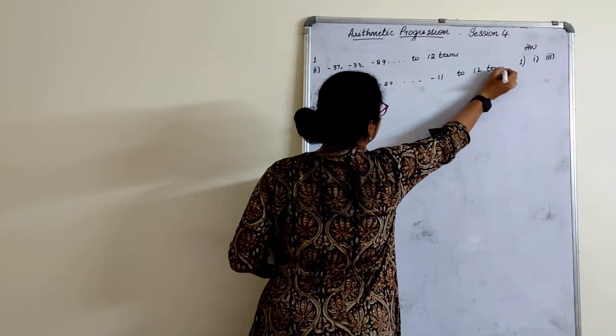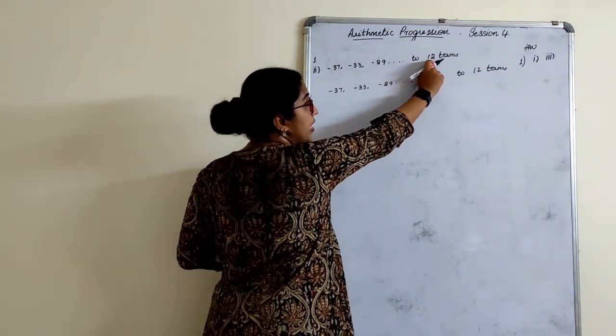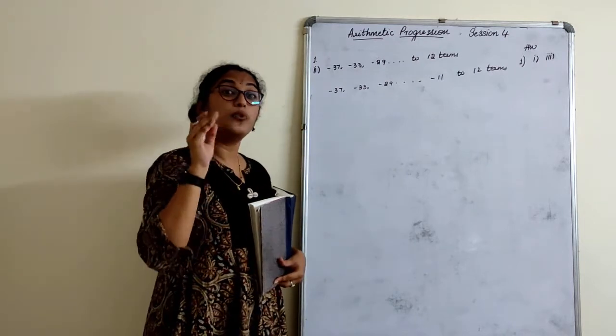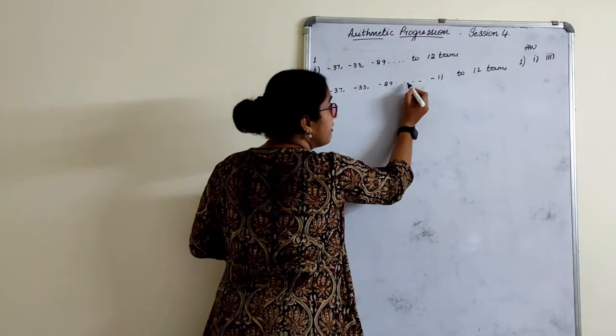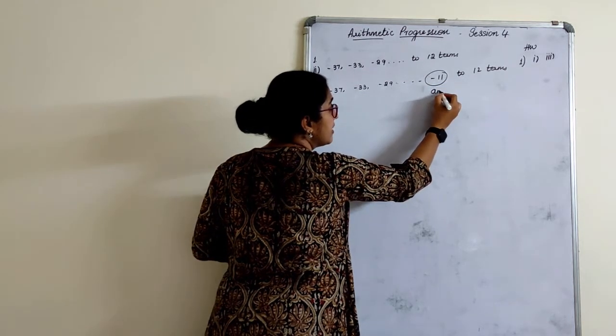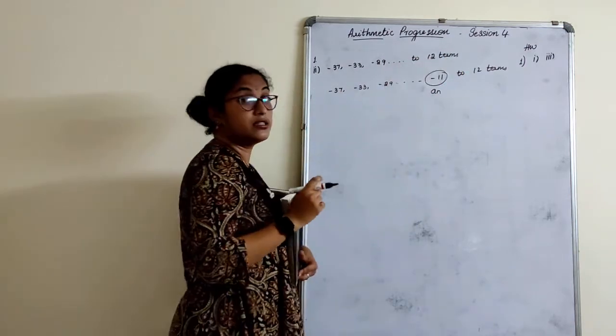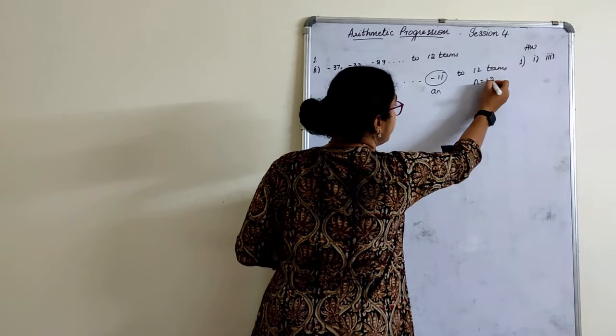That means this 12 given is not the last term a_n. If they have given dot dot dot and a term, then that is a_n. To 12 terms means n is equal to 12.